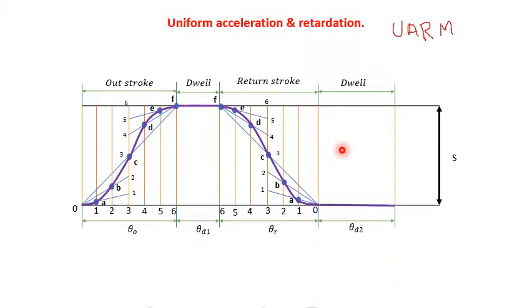So this blue line represents the displacement profile, especially for UARM, that is uniform acceleration and retardation motion. So using these cutting points, we can easily draw the cam profile.